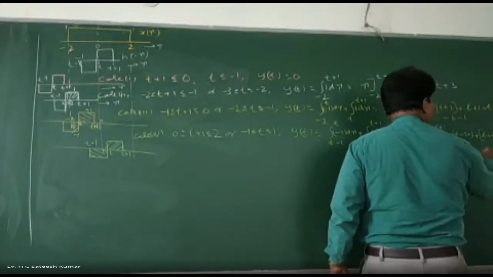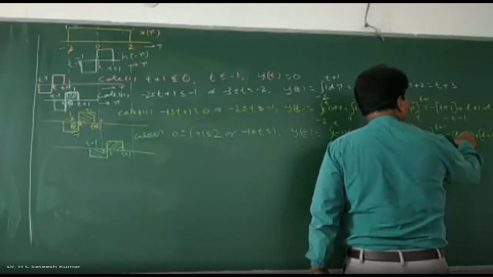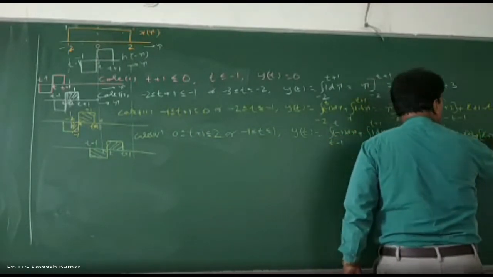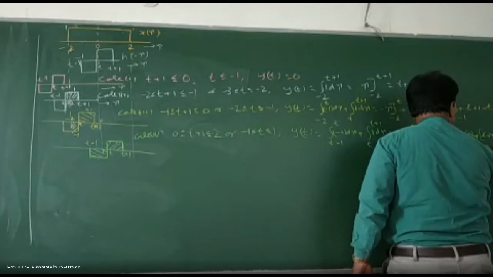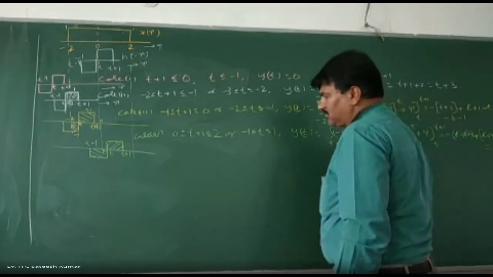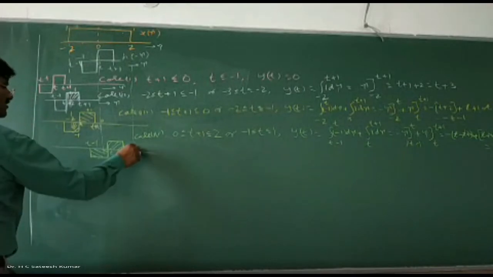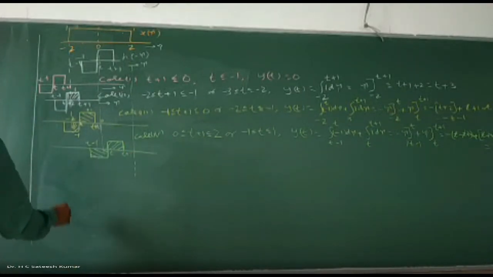Minus t plus t gets cancelled, and minus 1 plus 1 gets cancelled. You will get the answer as what? 0. Since we have negative as well as positive portion, you are getting it as average area is 0. Go for the next case.